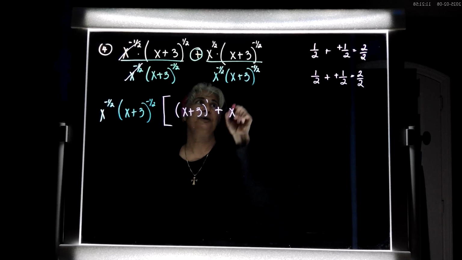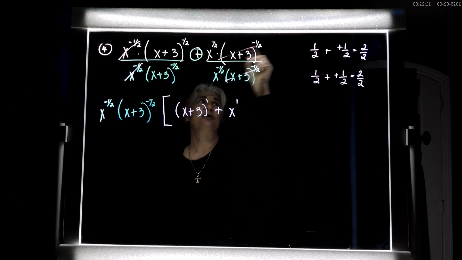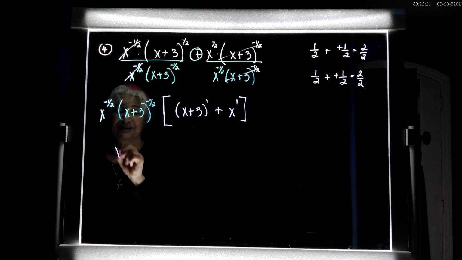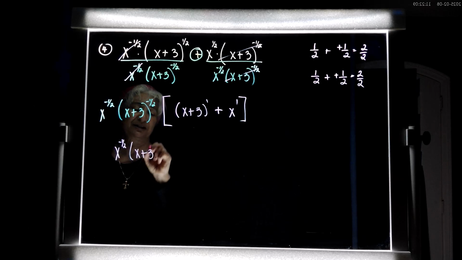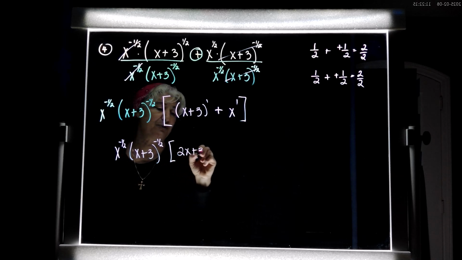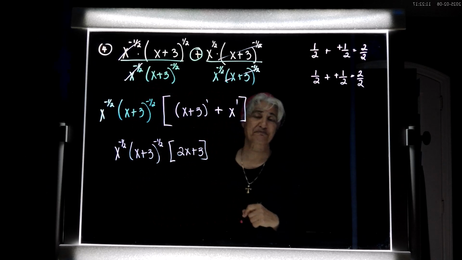We have just x to the power of 1. And these guys drop out completely, don't they? Well, honestly, what's left in parentheses was extremely nice. Boy, this was a very good problem to end with, wasn't it? So we have basically 2x plus 3 in the brackets, right?